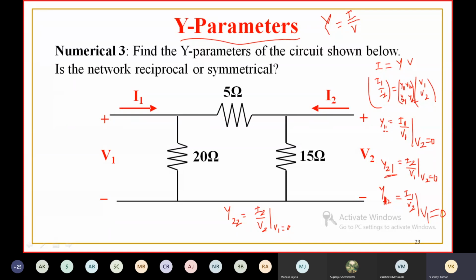Similarly, in Y21, the first subscript is 2 and the second subscript is 1, so in the numerator you write I2 and in the denominator V1. For Y12, the first subscript is 1 and the second is 2, so you write I1 by V2. For Y22, both subscripts are 2, so you write I2 by V2.